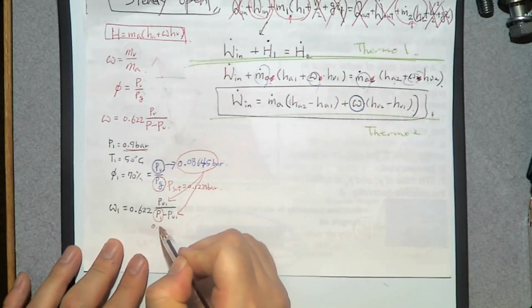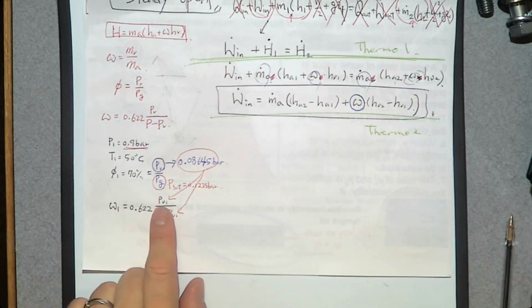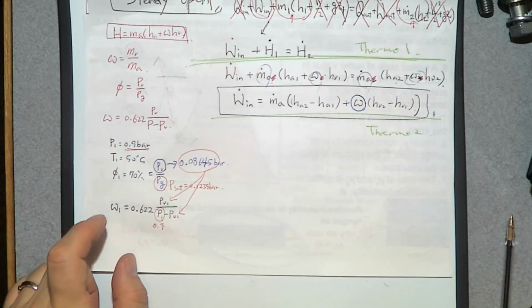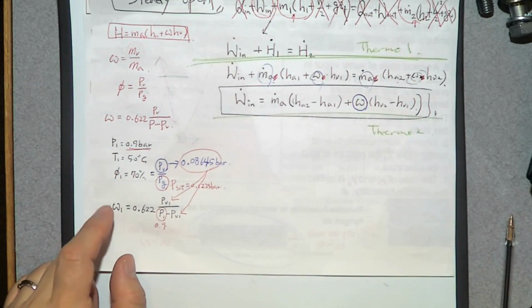And we know PV1 from the relative humidity, so we can calculate omega 1.